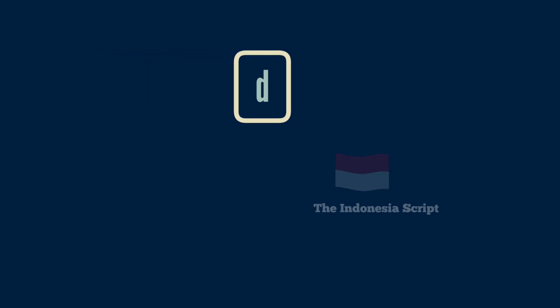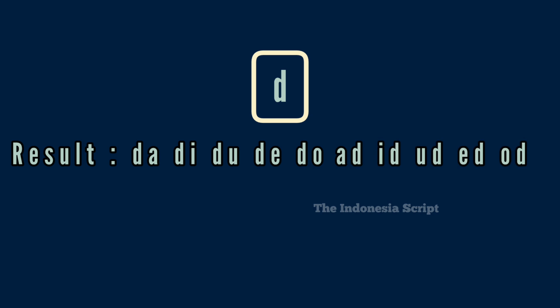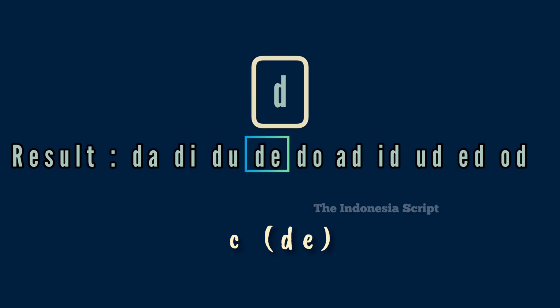Next consonant. From the first combination, we will get da, di, du, de, do. And from the second combination, we will get ad, id, ud, ed, od. One of the results we get is the syllable de, which is the syllable used to pronounce this voiceless letter.